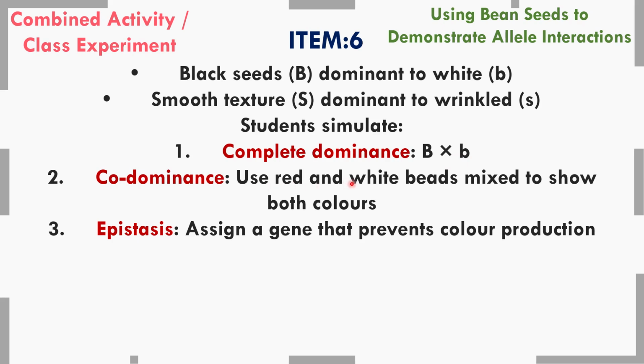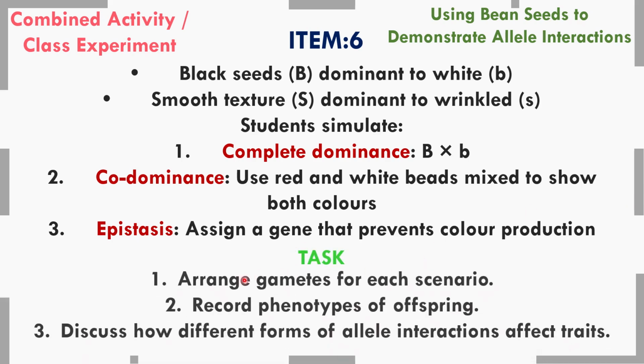Codominance, use red and white beads mixed to show both colors. Epistasis, assign a gene that prevents color production. Task, arrange gametes for each scenario. Record phenotypes of offspring. Discuss how different forms of allele interactions affect traits.